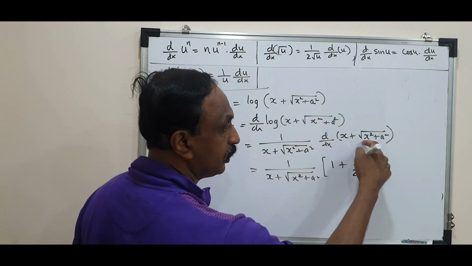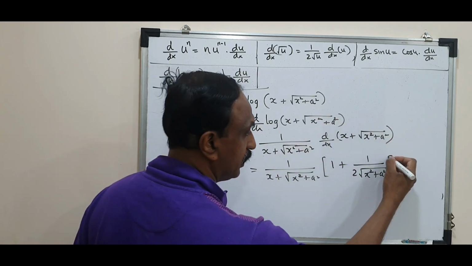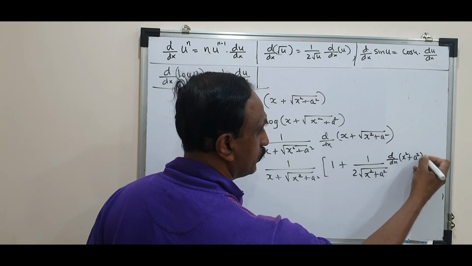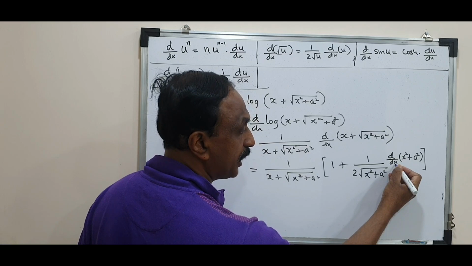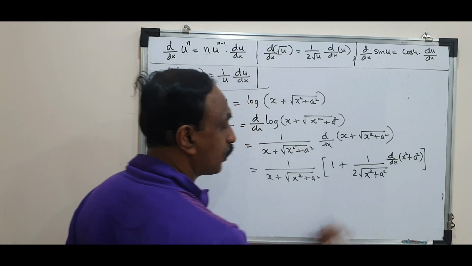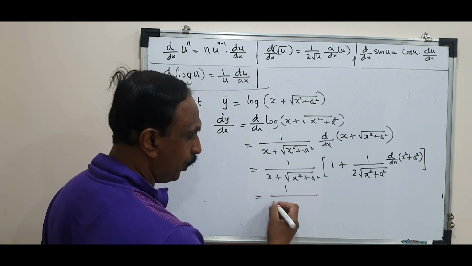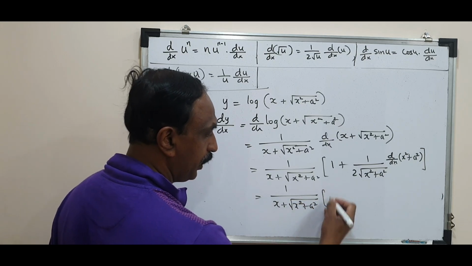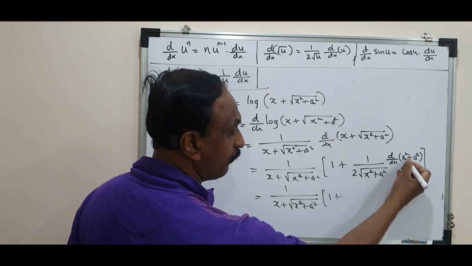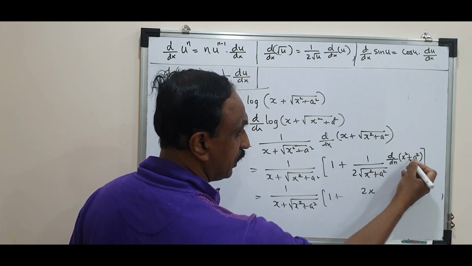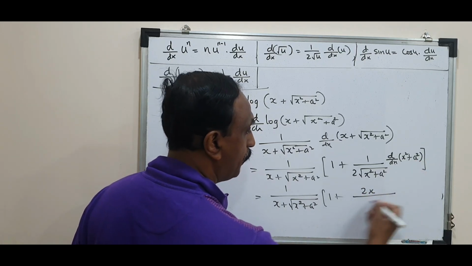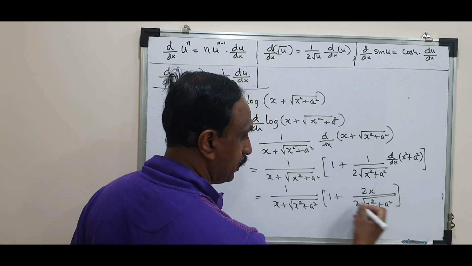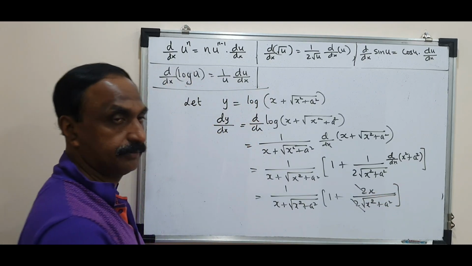Derivative of not the root, but without the root, d by dx of x square plus a square. Remember, we are differentiating with respect to x, so a square is a constant. So 1 upon x plus root x square plus a square into 1 plus derivative of x square is 2x, derivative of a square is 0, upon 2 root x square plus a square. So this 2 and this 2 will get cancelled.